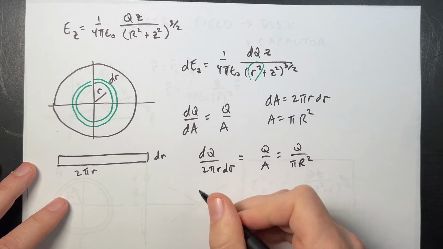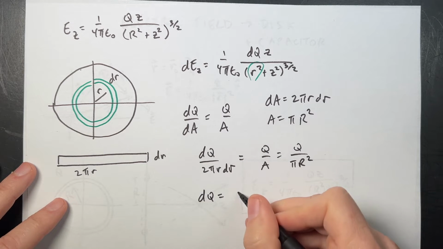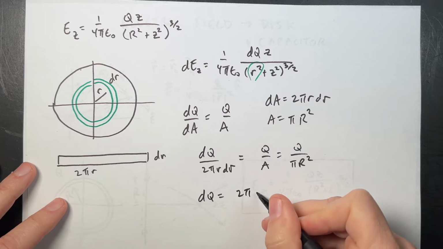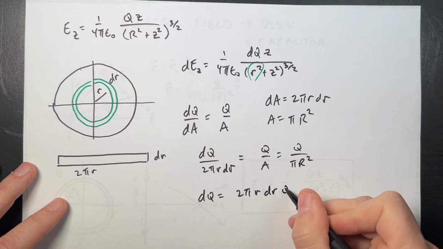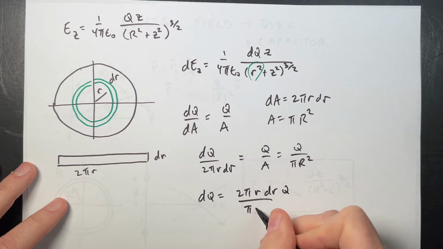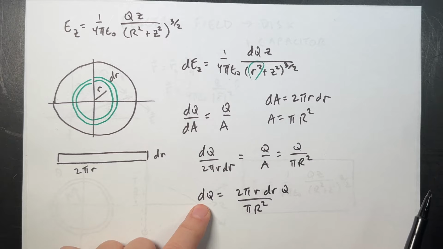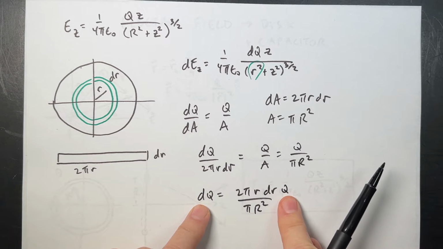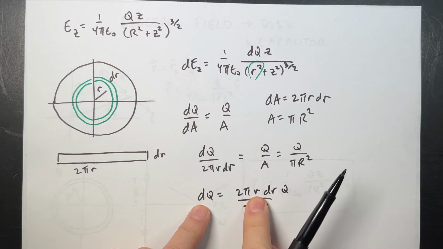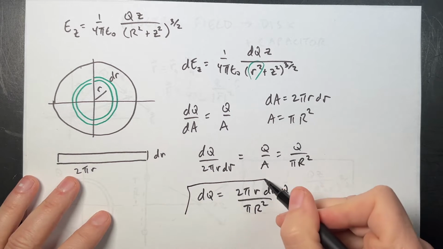So if I solve this for dq, I get dq equals q 2 pi r dr over pi r squared. And just to check, this should have units of charge. Q has a unit of charge, and then I have meters times meters over meter squared, so it does have units of charge. So there's my dq right there.